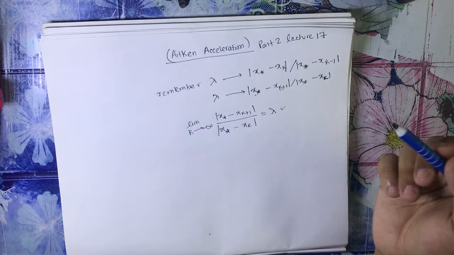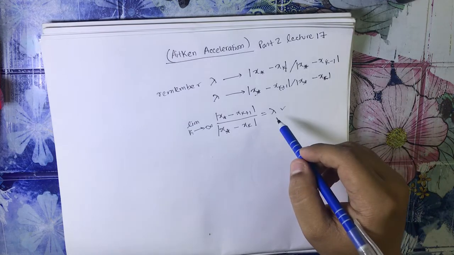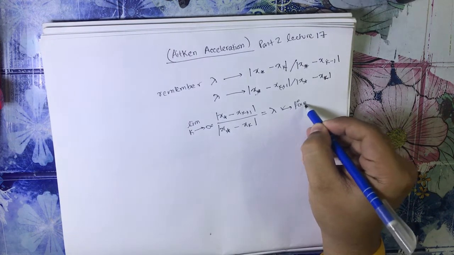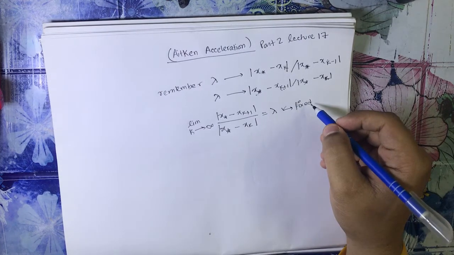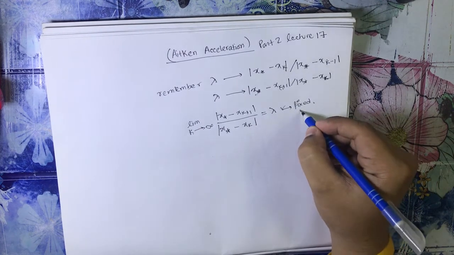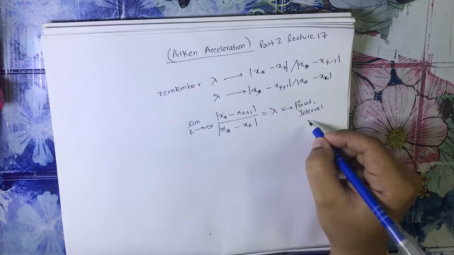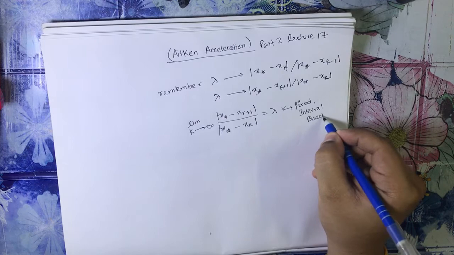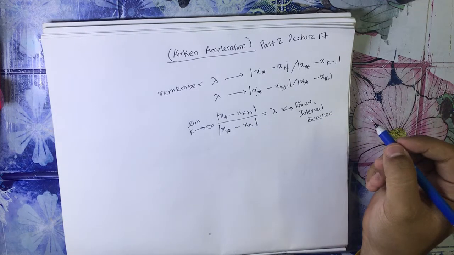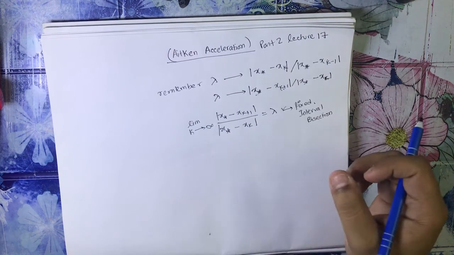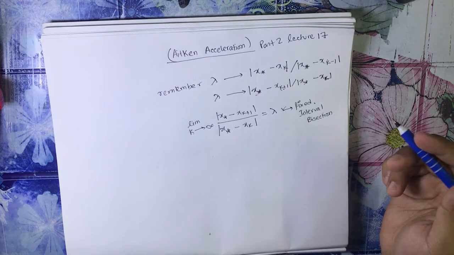Let's say for example, if lambda were fixed. Where was lambda fixed? Just refer back to the previous lectures, it was fixed in interval bisection. It was basically fixed at every step of interval bisection. The interval was becoming half at every step of the iteration.